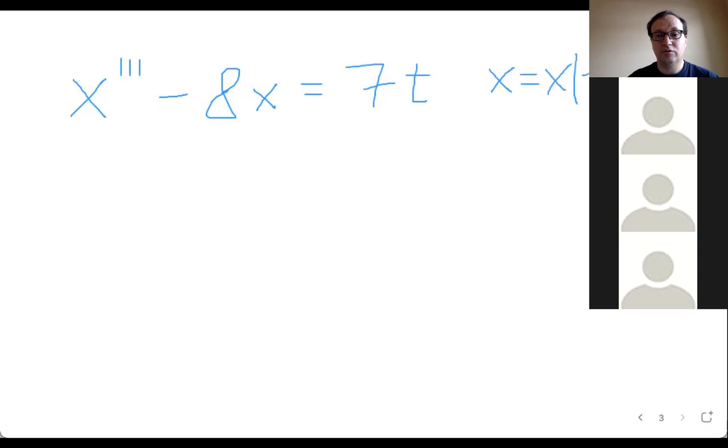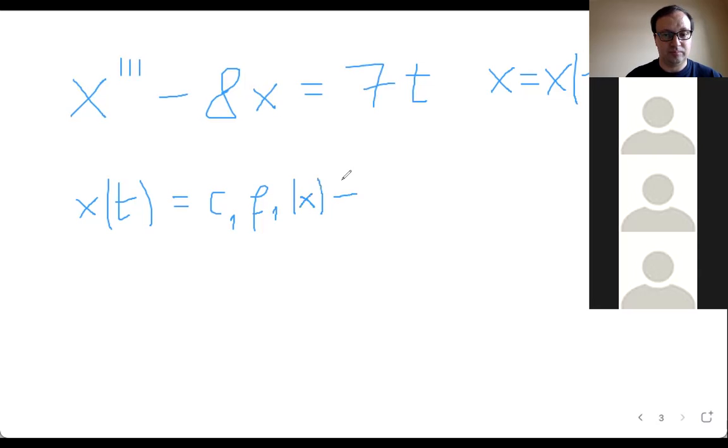So what do we know from the general theory? We actually know, even without doing any computation, that we can always write any solution in the form x of t is equal to, say, c1 f1 plus c2 f2 plus c3 f3.